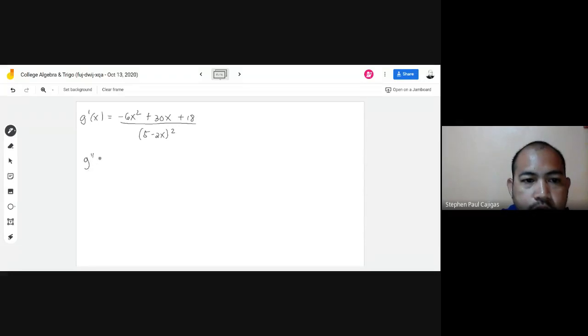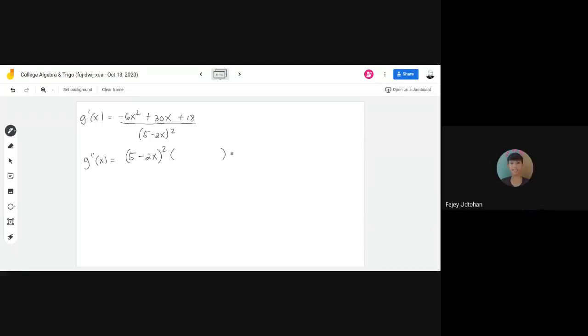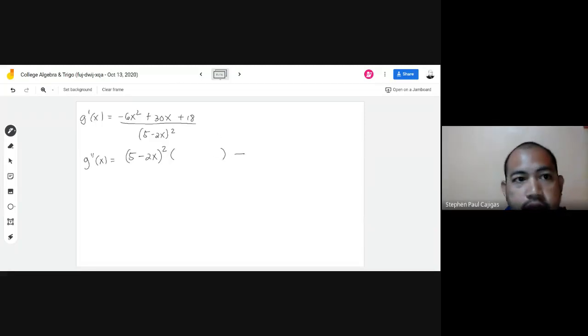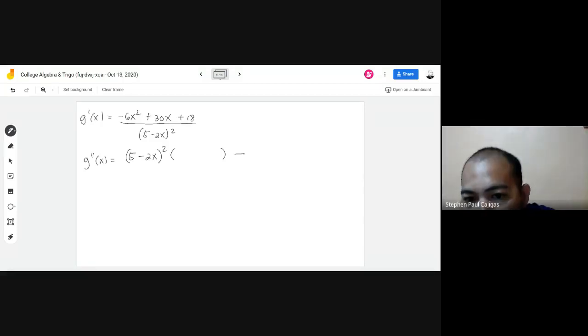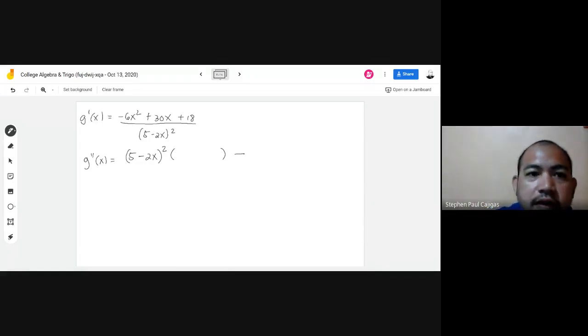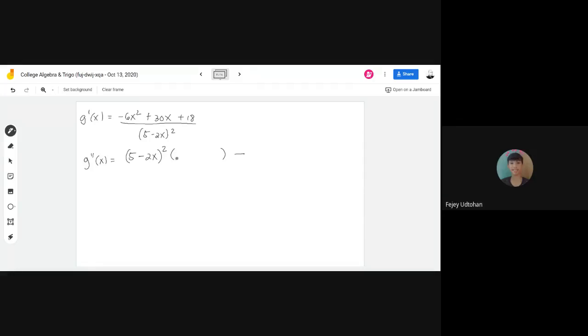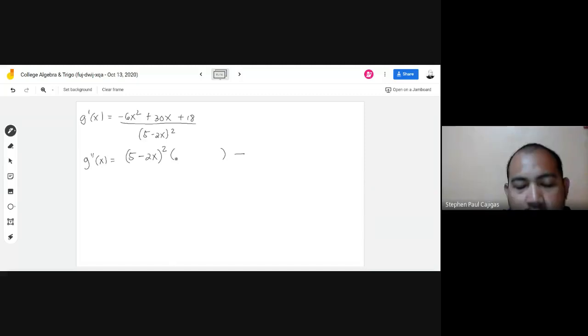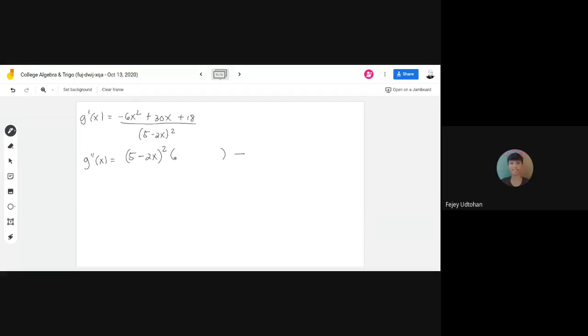So to get the double prime, the second derivative, you copy 5 minus 2x squared. Then the derivative. Try, sir, try. Can you dictate to me? Negative 12x plus 30.